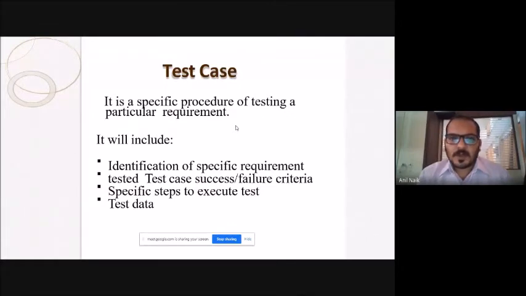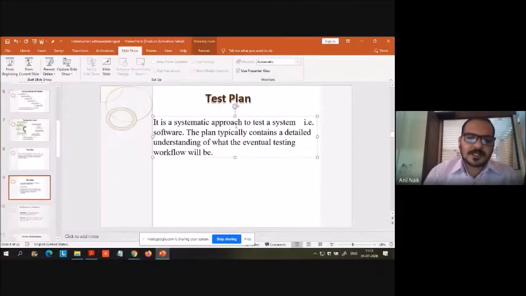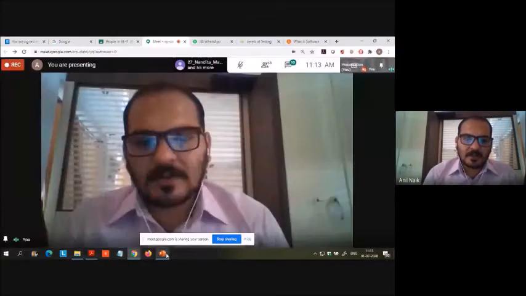It includes the identification of the specific requirement and test case success or failure. In industry, different tools are available to write test cases, but normally we use Microsoft Excel to maintain all the test case requirements, test cases, and their pass or fail.